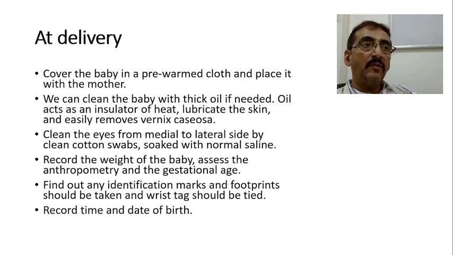Neonatal exchange, neonatal missing, these things are very common. So avoid all such confusion. Take the footprints, keep it in the record, and also tie a wrist tag. Then very important is to record the time and date of birth because that is very important for astrological calculation as far as the religious beliefs are concerned.